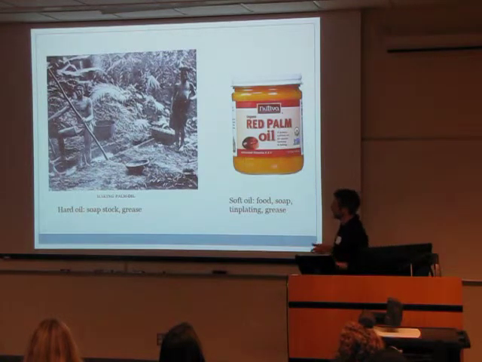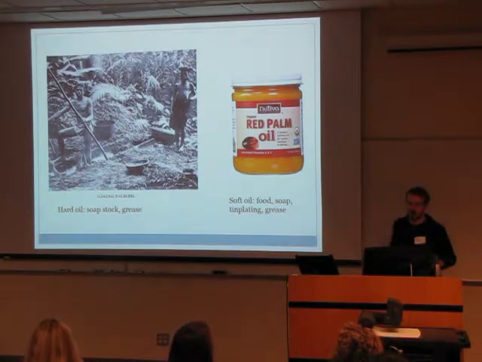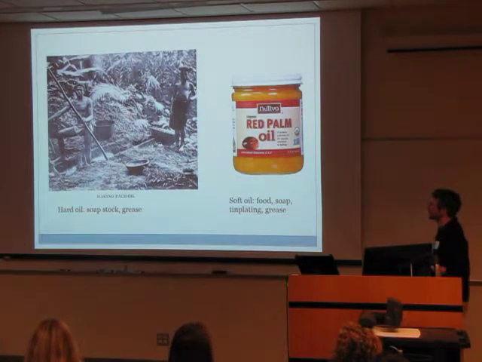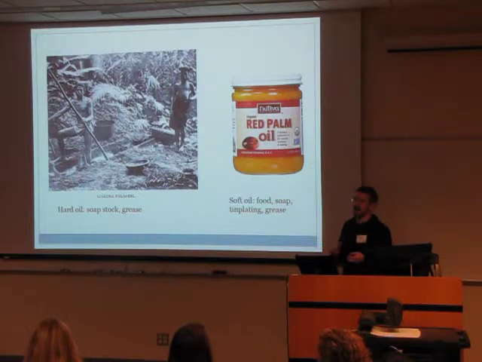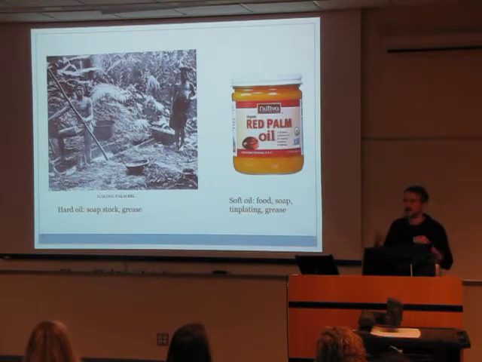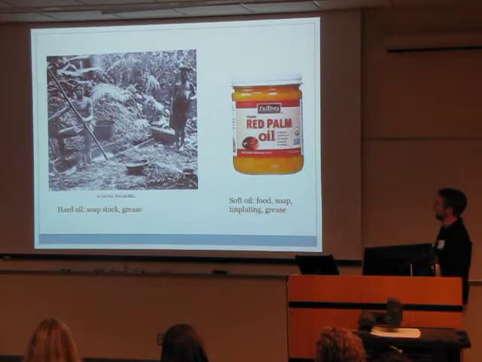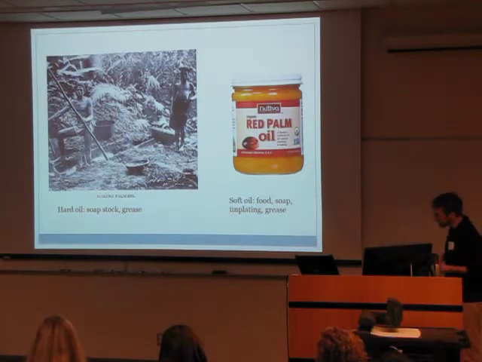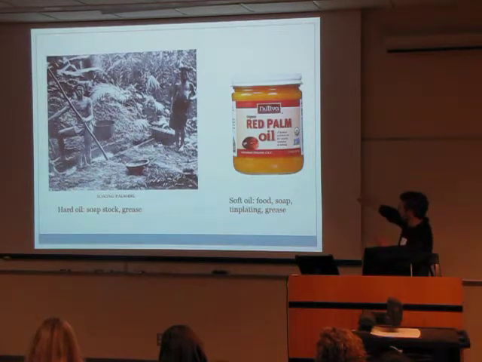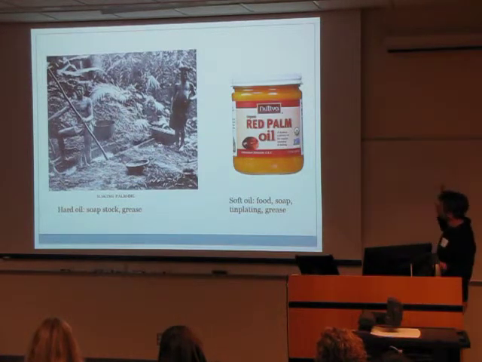They process it and consume it relatively quickly, within a couple weeks, maybe a few months at the maximum. And the oil that they're exporting was usually not edible by the time it reached its destinations in Europe and North America. It spent several months sitting in a cask on a boat, and so it was used mostly for soap.